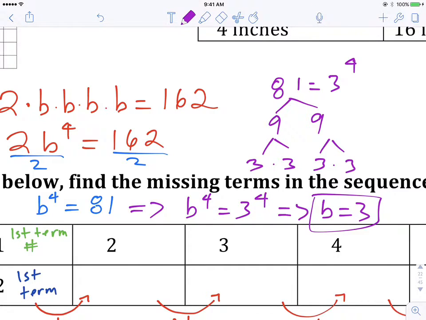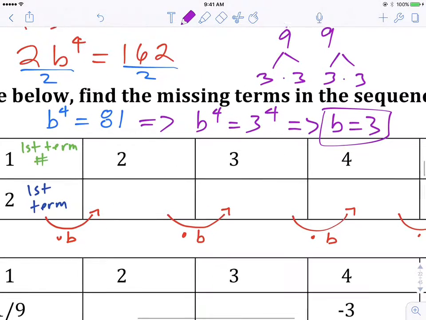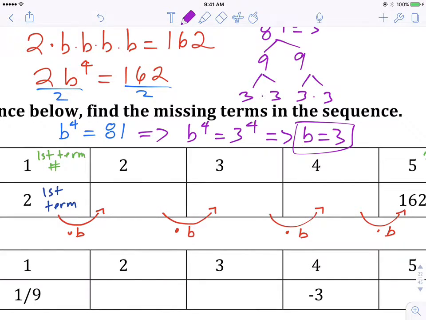Since 3 to the 4th power equals 81, right? So now we know this is going to be multiplied by 3.